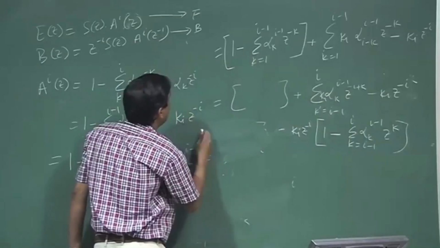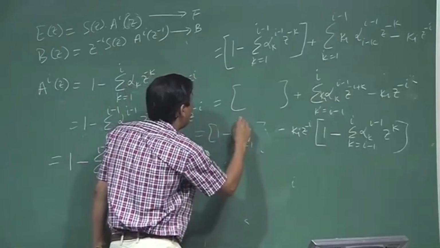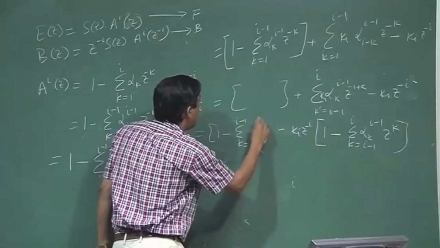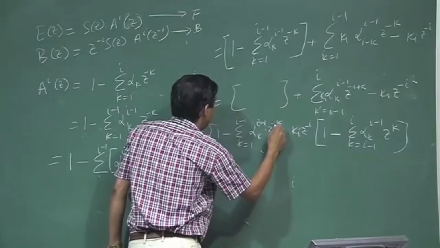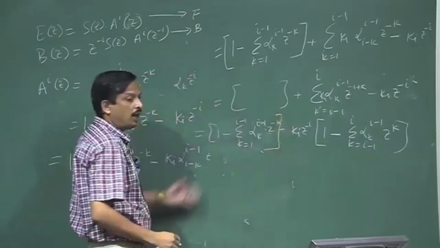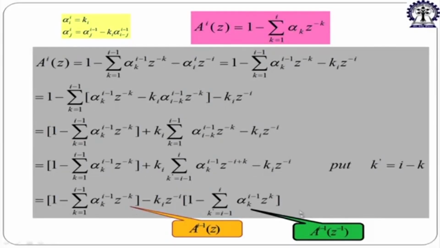So, finally, this will be 1 minus the sum for k equal to 1 to i minus 1 of alpha k (i minus 1) z to the power minus k, minus this term. So there are two terms, one is this one and another is this one.